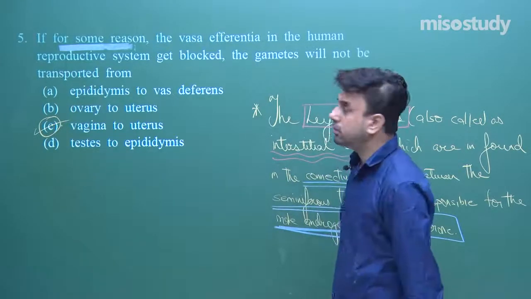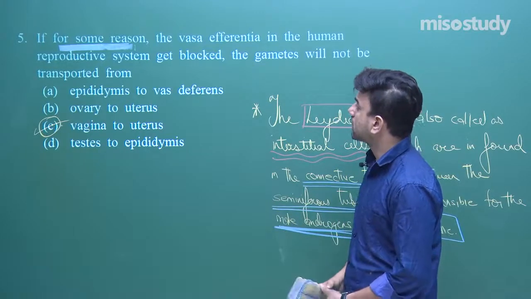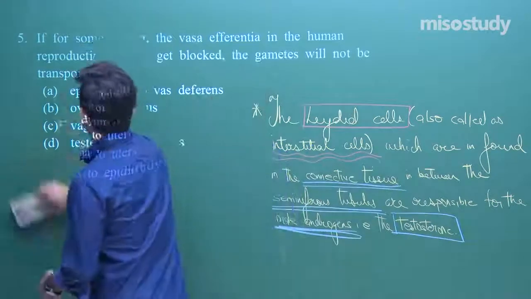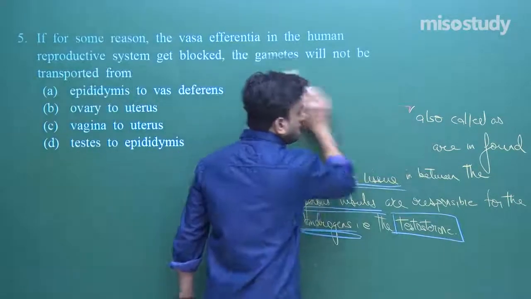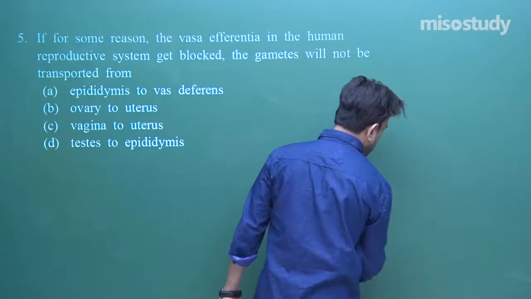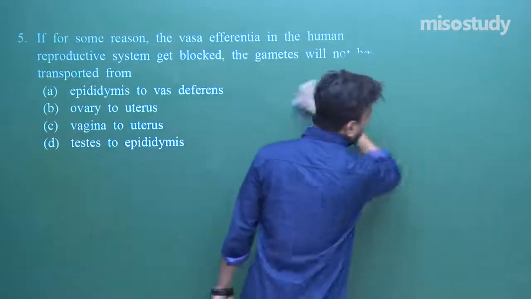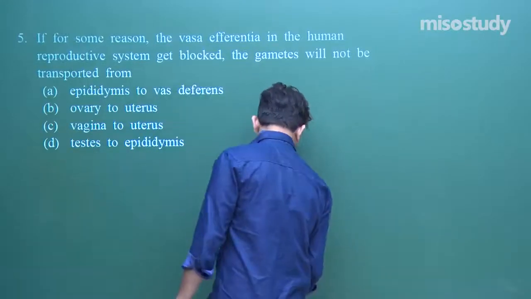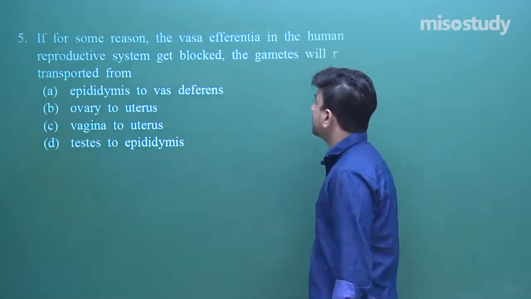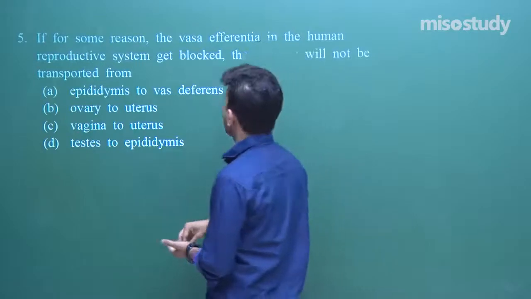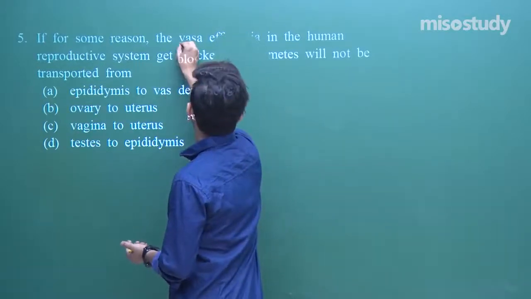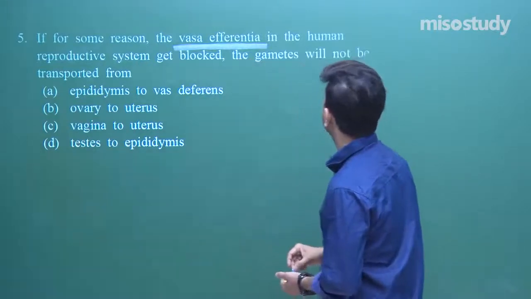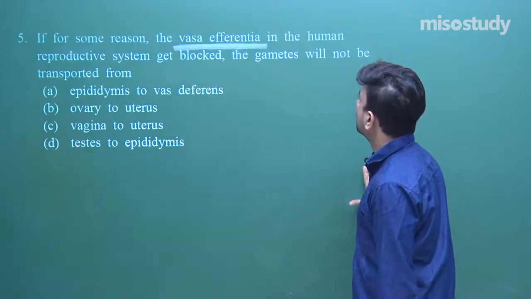Now, if for some reason the vasa efferentia in the human reproductive system get blocked, the gametes will not be transported. Okay? So, if for some reason the vasa efferentia get blocked, then what happens?